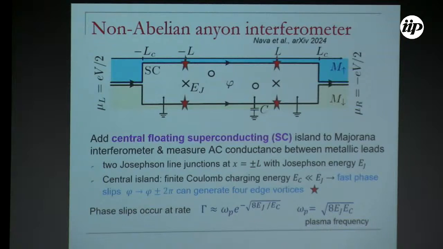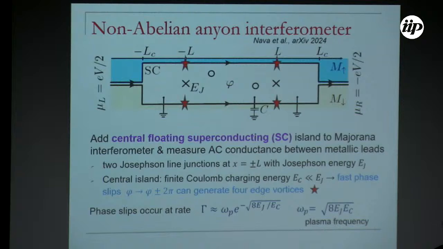But you can tune them by changing the parameters of your device, by changing the charging energy or changing the Josephson energy. In any case, what happens now if you have a phase slip? If you have a phase slip, it means that for the Majorana edge modes, there will be a sign change between these 2 points, these 2 points, and these 2 points.